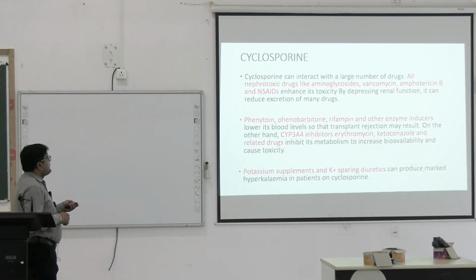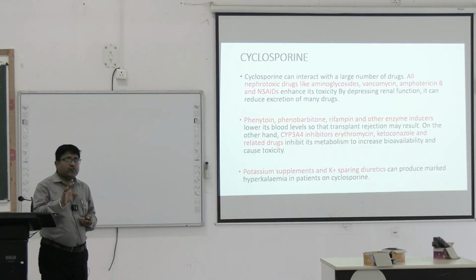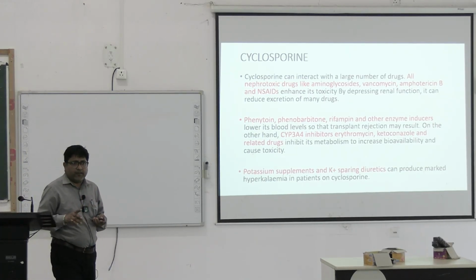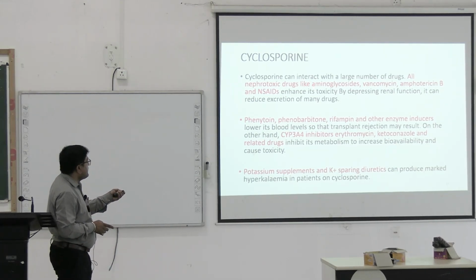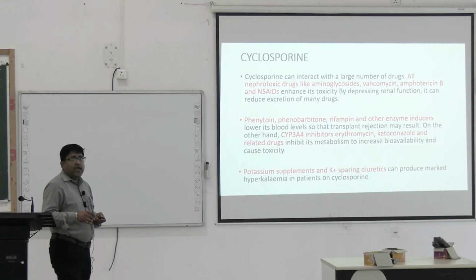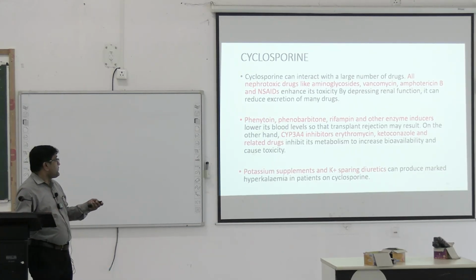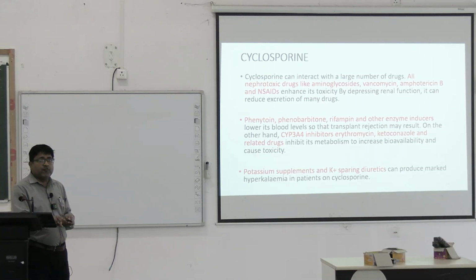Now, it also interacts with a large number of drugs. Drugs which are nephrotoxic should not be combined with cyclosporine, as the drug itself is nephrotoxic. So the combination with aminoglycosides, vancomycin, amphotericin B and NSAIDs should be avoided. The drug is metabolized by CYP3A4.